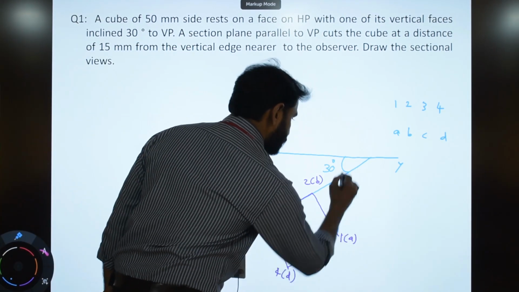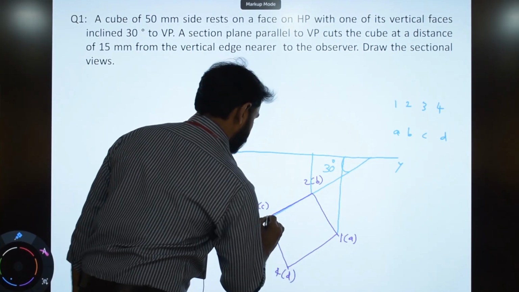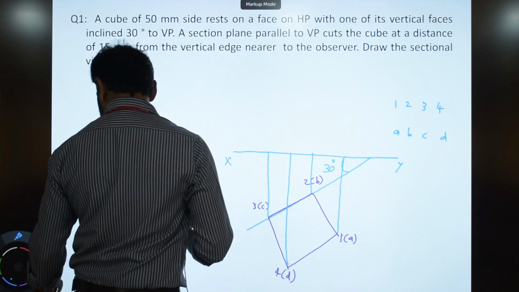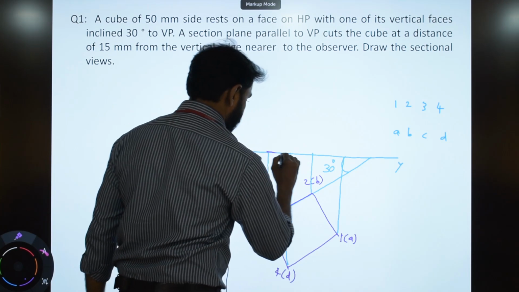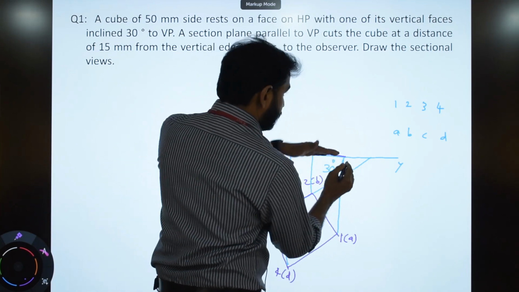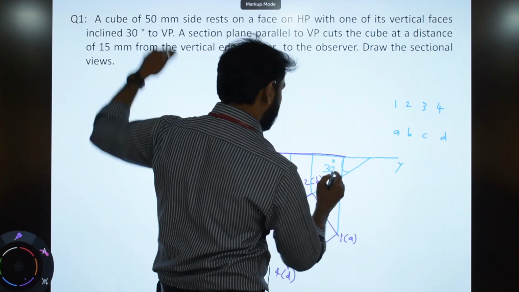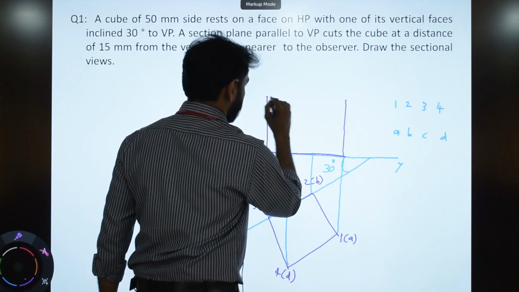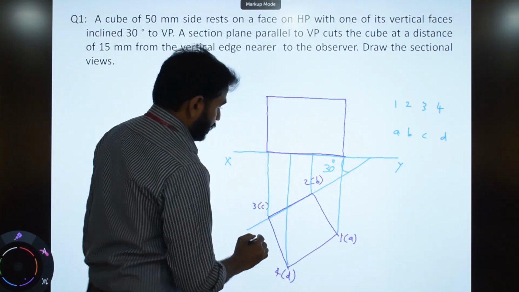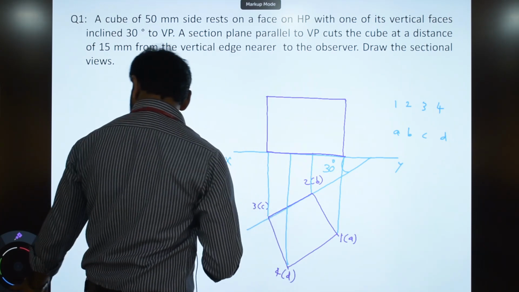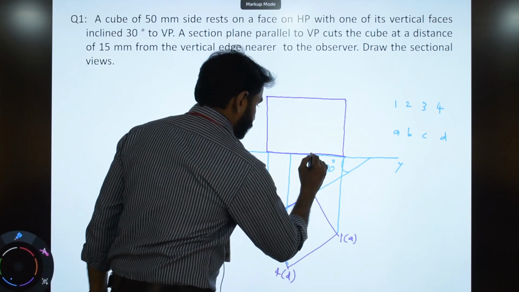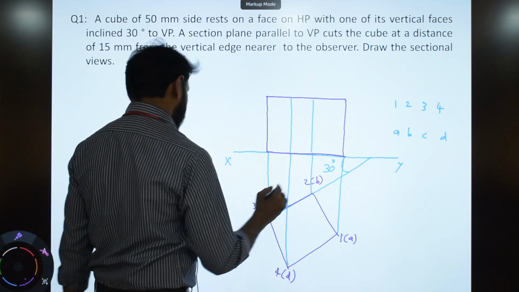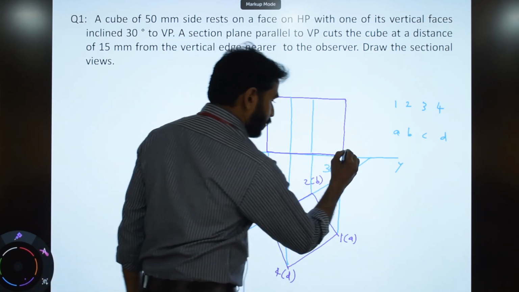So I draw projectors. Now raise the height equal to 50 millimeter. 50 millimeter is the size of the cube. Now name the corners in the front view also.